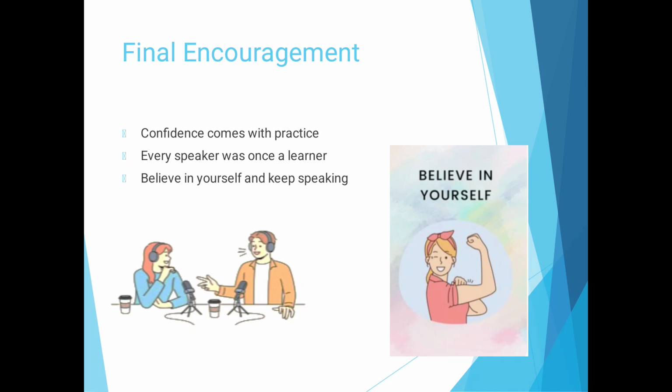I would let her know that every speaker was once a learner, and you should begin somewhere. Even though you make mistakes, it's fine, it's okay, because that's the part where we actually start to learn. I would encourage her to believe in herself and keep speaking, and we both grow together.